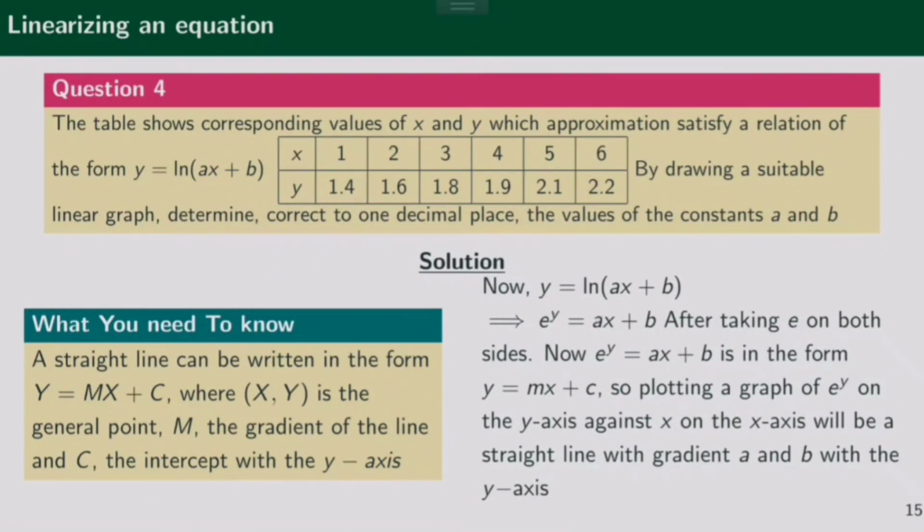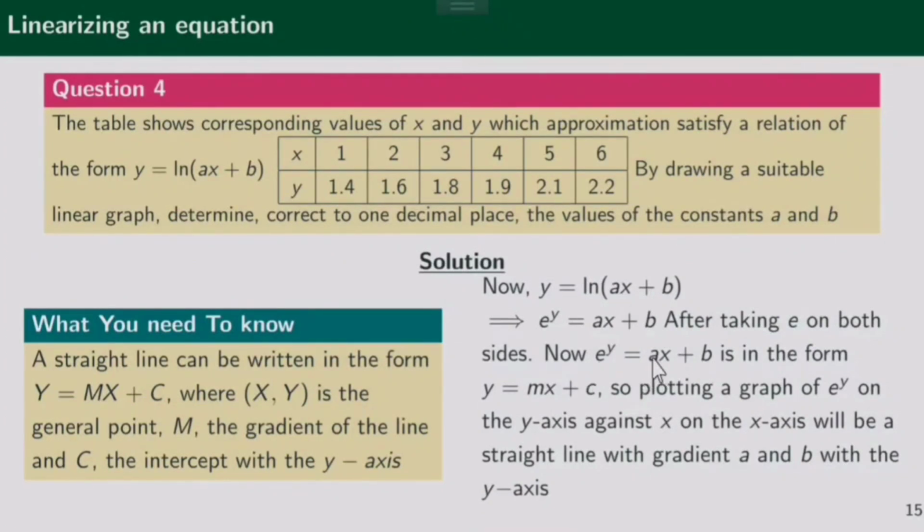Let's think of the inverse of the logarithmic function, which is of course the exponential function. So I will take e on both sides of the equation. So I have e to the y is equal to, when I take e of the right hand side, e is the inverse of ln, so they cancel each other. I have just ax plus b after taking e on both sides.